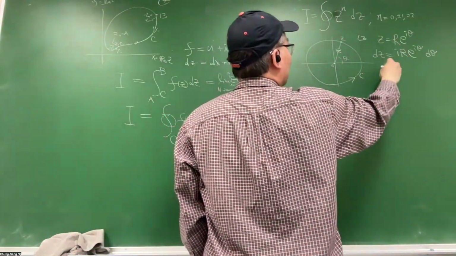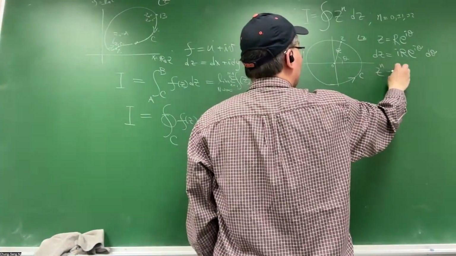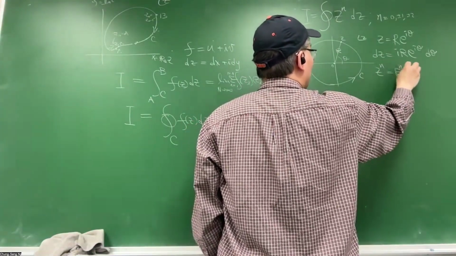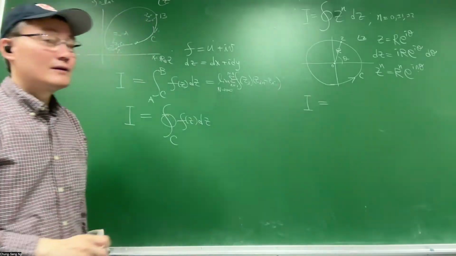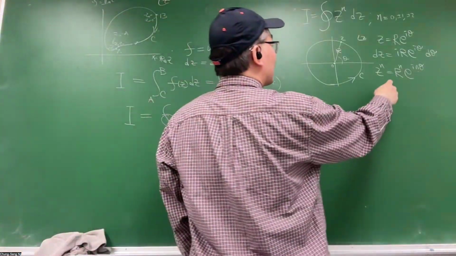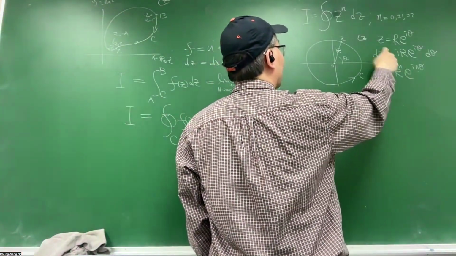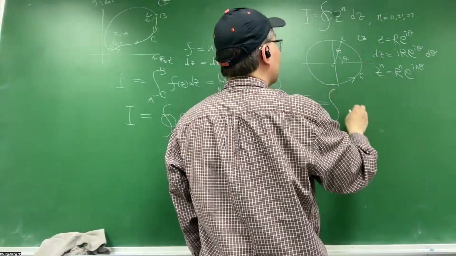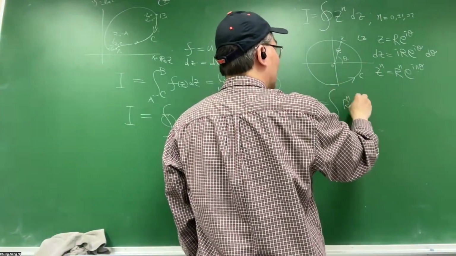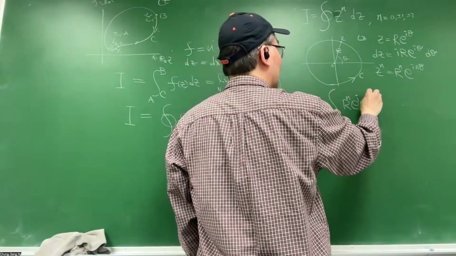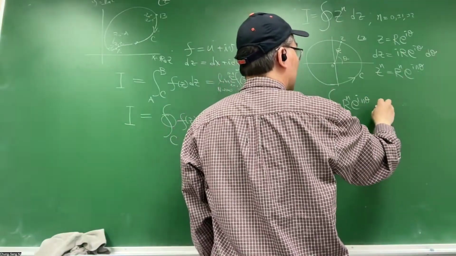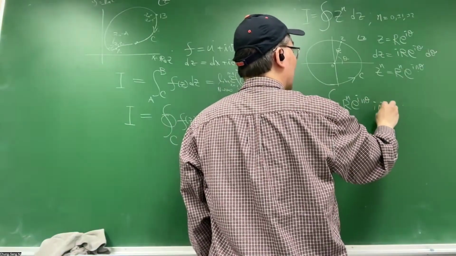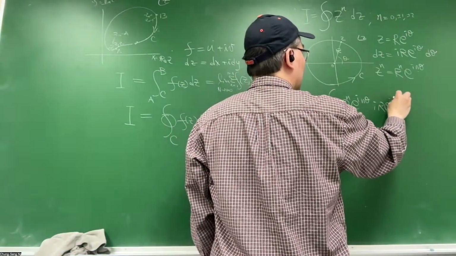And z to the power n is obviously R to the n e to the i n theta. So you substitute everything into here. So now this is R to the n e to the i n theta, z to the power n, and dz is i R e to the i theta d theta.